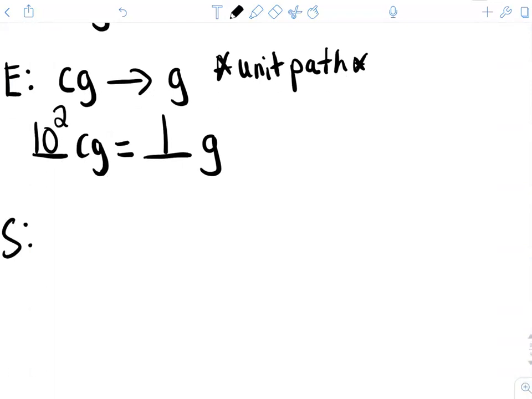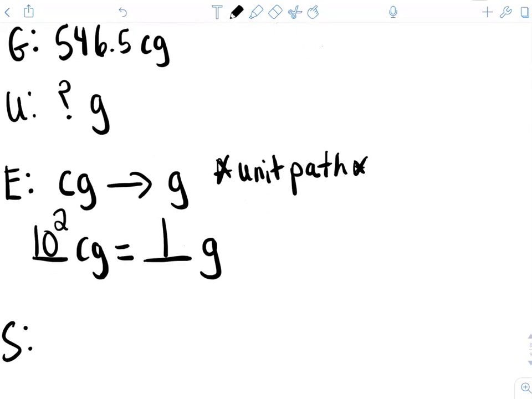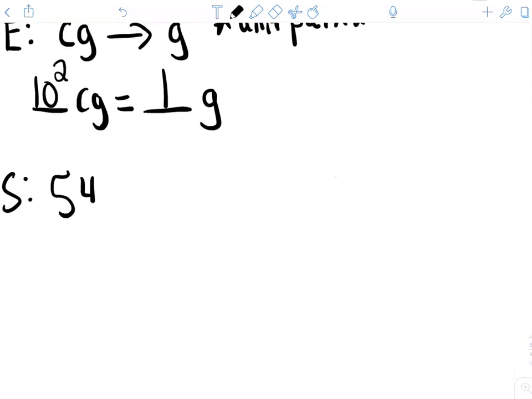So I'm going to start with my given, which was the 546.5 centigrams. We're going to be multiplying. And then this is where I have to figure out that fraction. And notice I didn't write out the two options for the fractions because I don't have time for that and I don't need to do it every time.